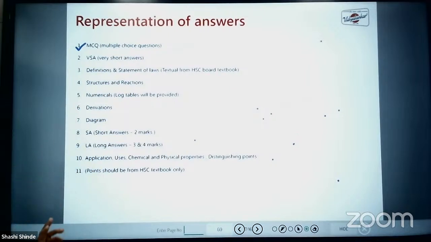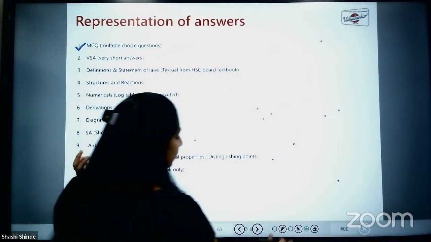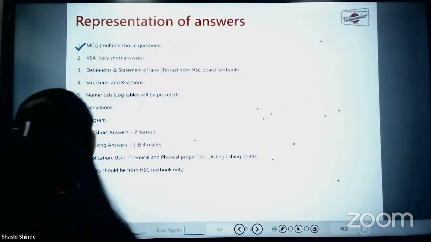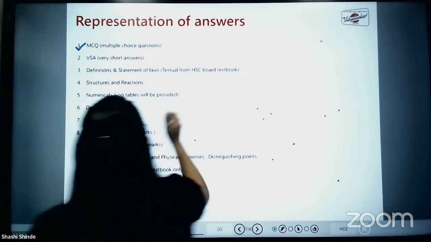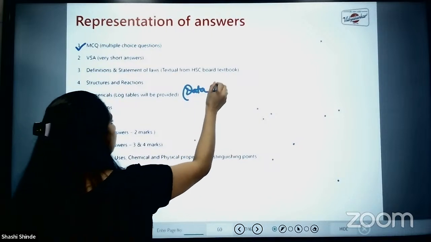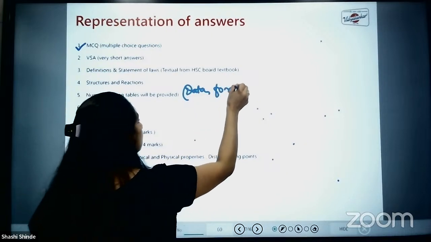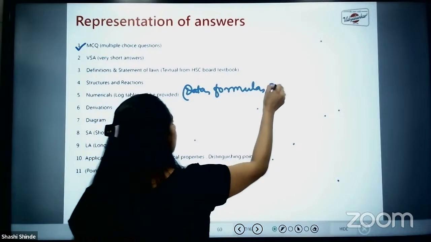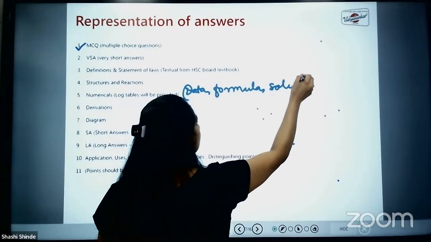Next is numerical. For numericals, we have to write down data, then formula, then solution. Write down.